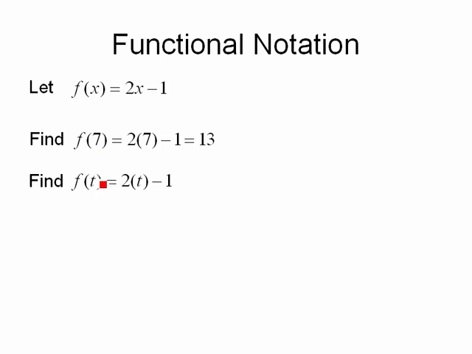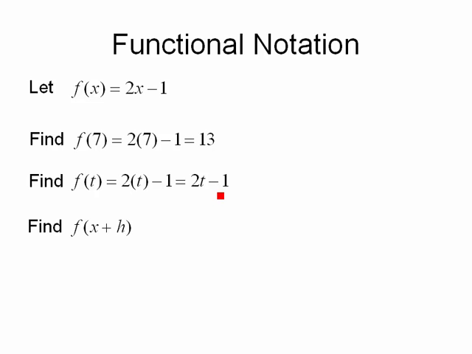So I put t in place of x. I get 2t minus 1. And we really don't need the parentheses there, so I can just write that out. Essentially, all I'm doing is I'm saying instead of calling the input variable x, call it t. So if f of x was 2 times x minus 1, f of t is 2 times t minus 1. All I'm doing is just changing the letter.